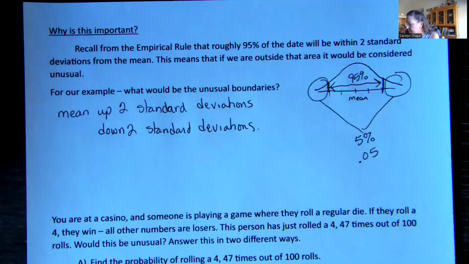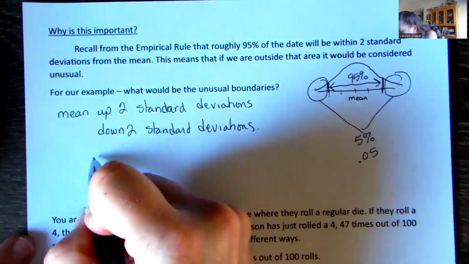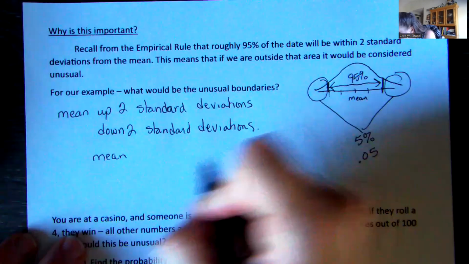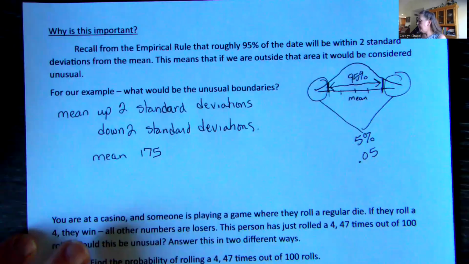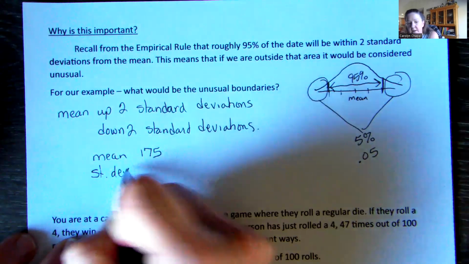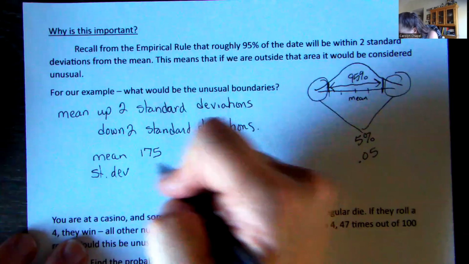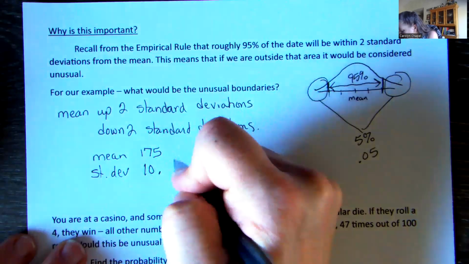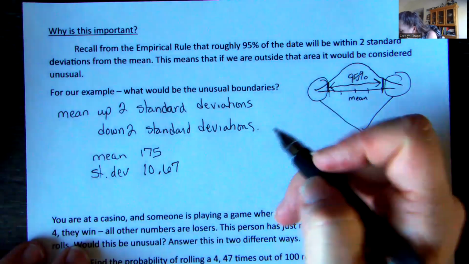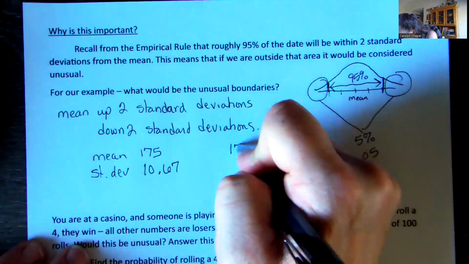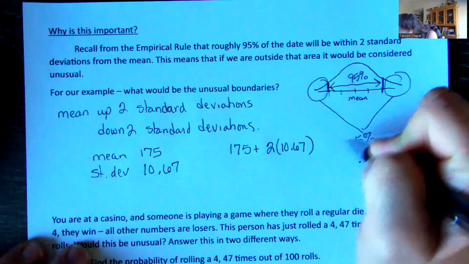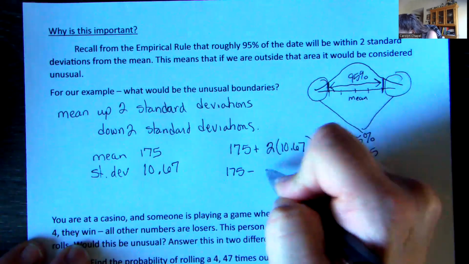Okay, so if I take my mean from the previous page, my mean was 175. That was 500 times my 0.35. And my standard deviation, I'm going to abbreviate here, we found it to be 10.67, just rounding it to 2 decimals. My boundaries are going to be 175 plus 2 of these, and 175 minus 2 of those.